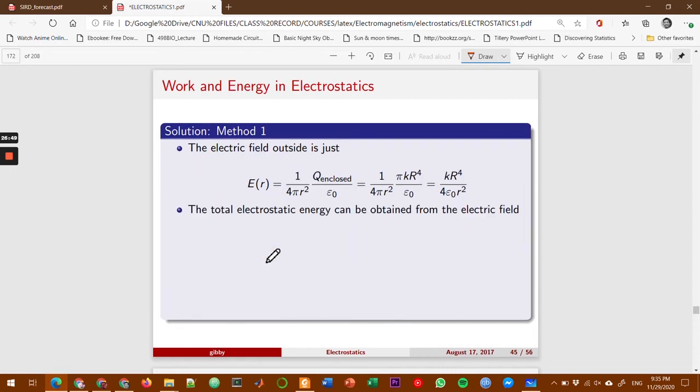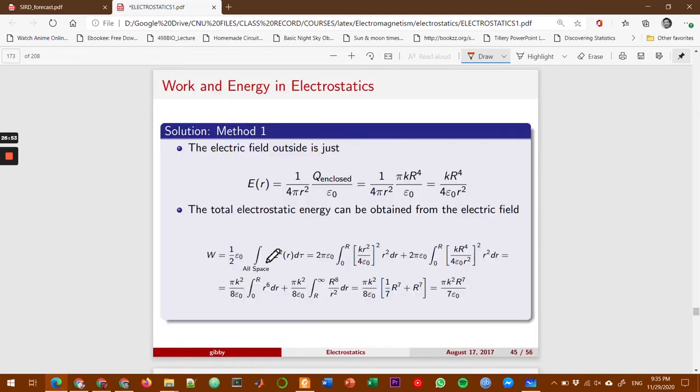So the total electrostatic energy can be obtained from the electric field. So imuha naman siyang i-sum nimo all space. So we have, your formula is given by this, right? All space.